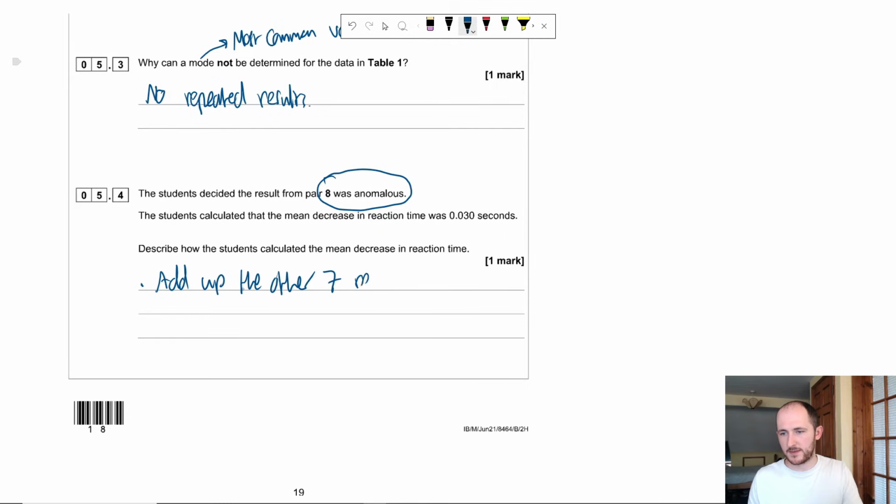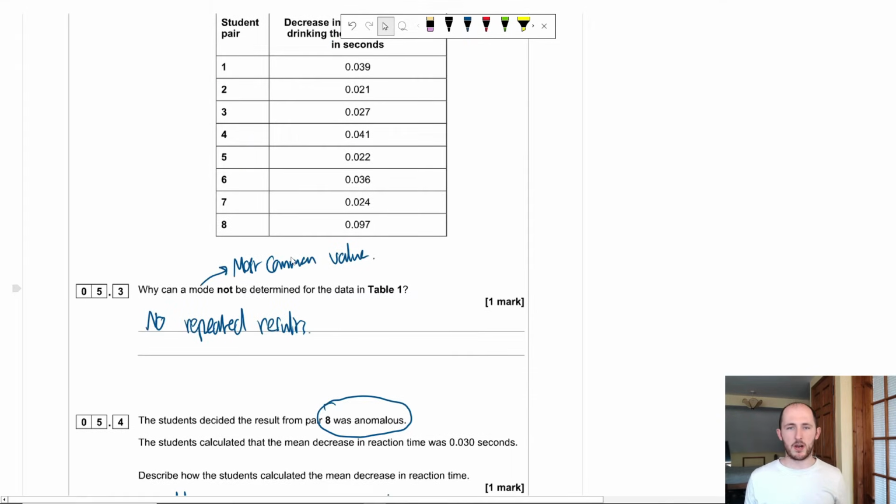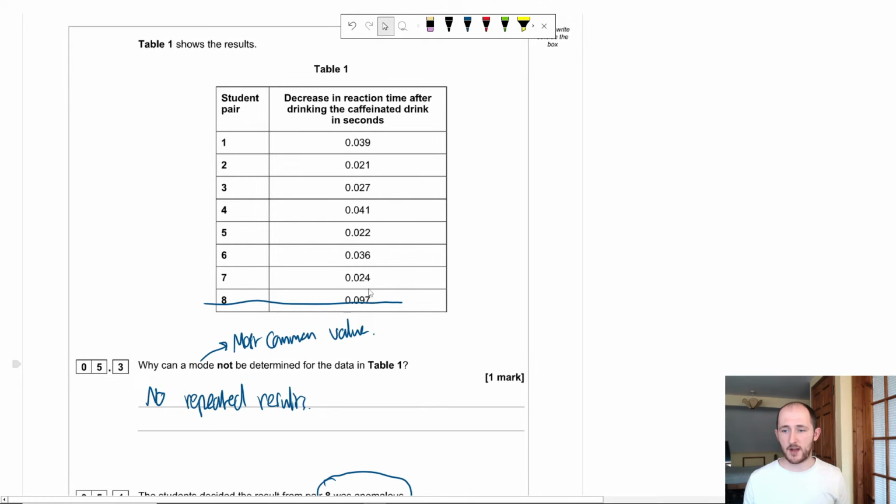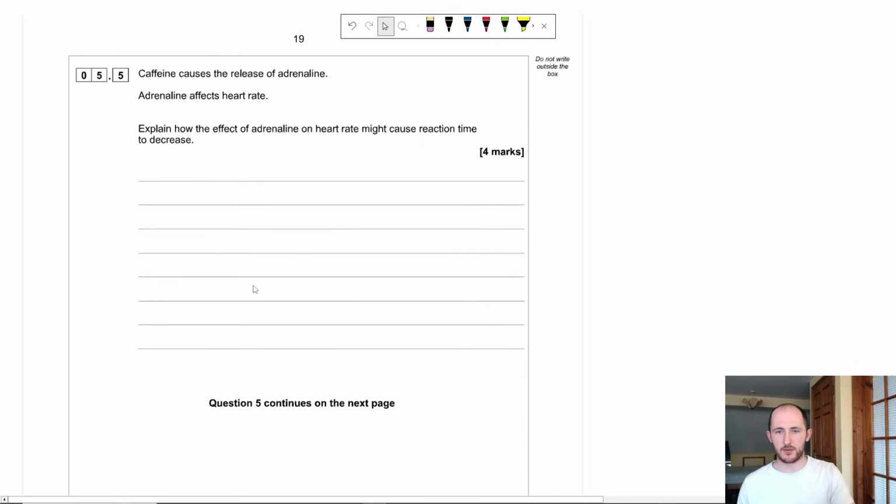Other 7 results, and then divide by 7. Remember, when you take a result as anomalous, you effectively delete it. So it's as if it doesn't even exist. So you're only treating these other 7 answers over here, okay? So don't include it in your mean calculations, or any calculations, in fact. If it's anomalous, it means it's not correct.